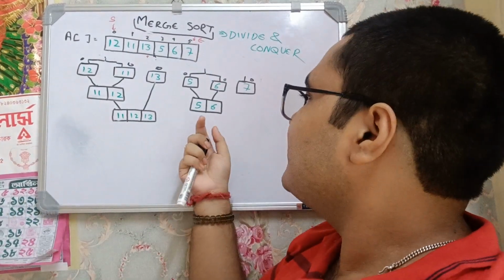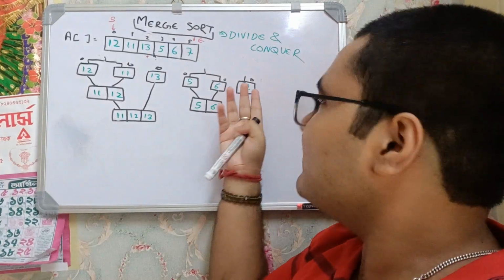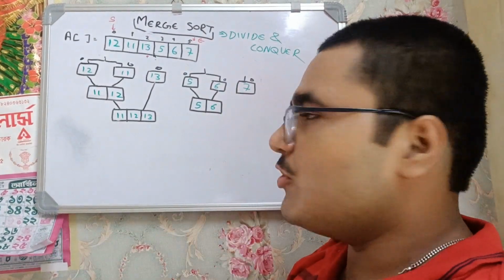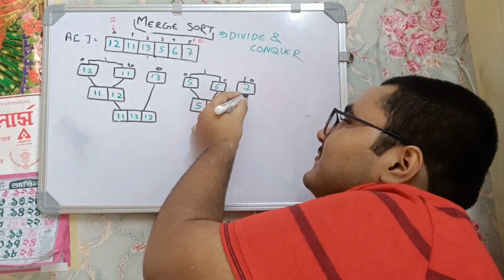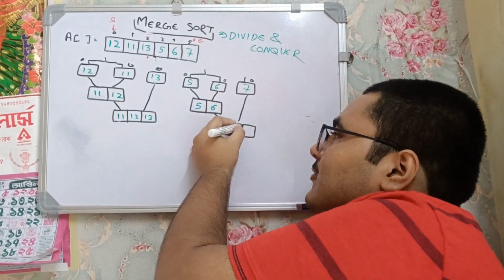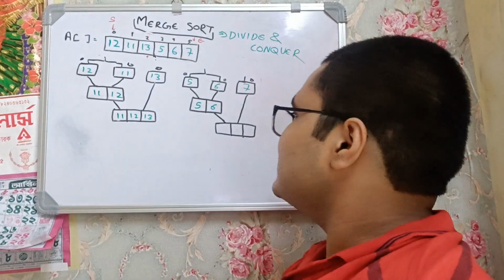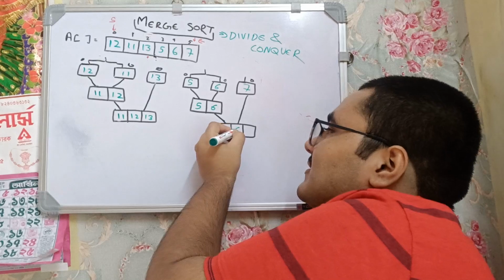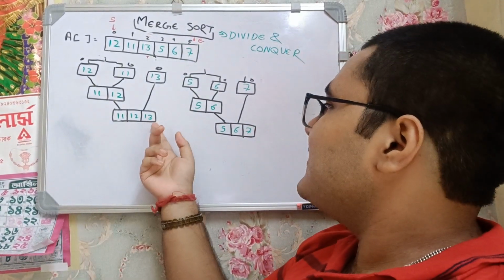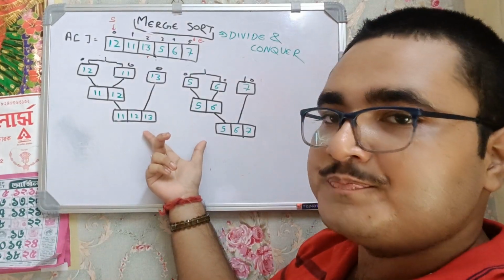There is nothing more to compare, because 7 is already greater than both 5 and 6, so it will come normally as 5, 6 and 7. Now we will be comparing these two.